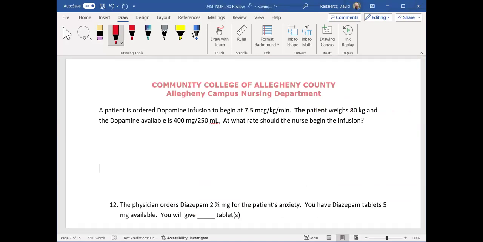What this question is asking is, we want to convert this microgram, kilogram, minute to milliliters per hour. We're going to have to do a couple of things to get to that answer. So there's a lot of conversion.